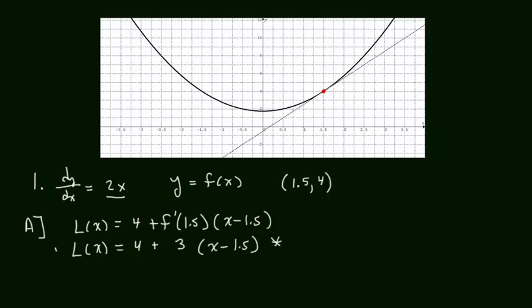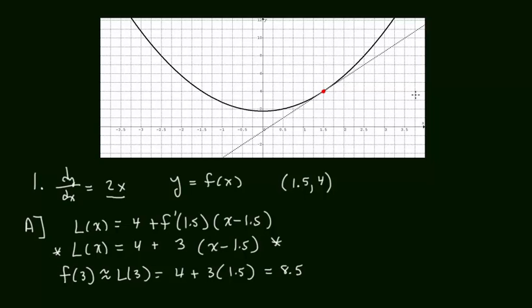There is our linearization, our line tangent to the curve. We will say f of 3 is approximately L of 3, which will be 4 plus 3 times 3 minus 1.5 is 1.5. The linear approximation will be 8.5.